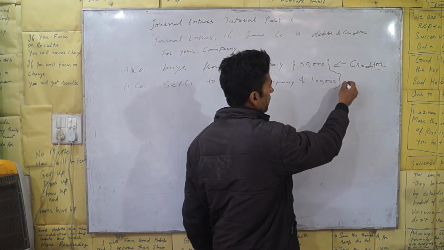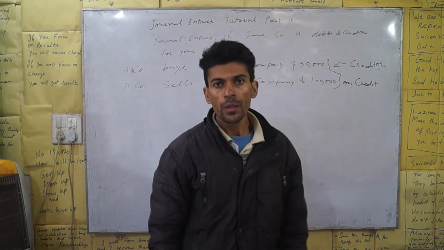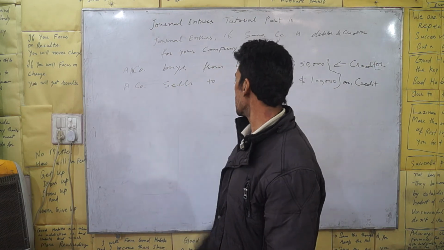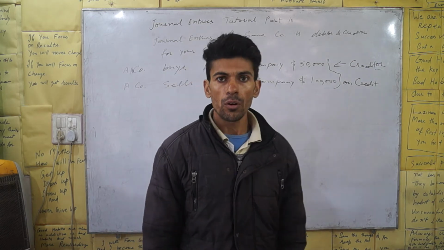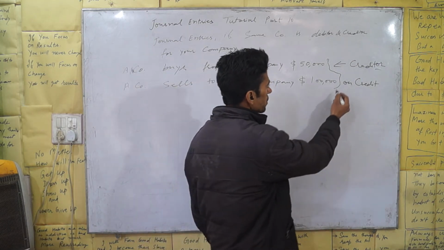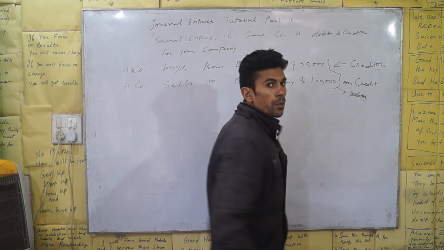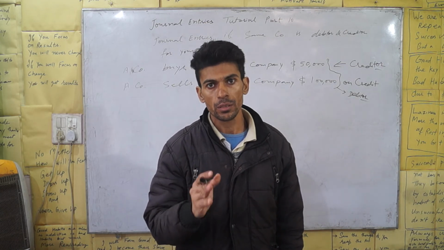Both are on credit. Okay, and your company A sells to B company at $1 lakh on credit. So this is also a debtor. B company is your debtor and B company is your creditor.